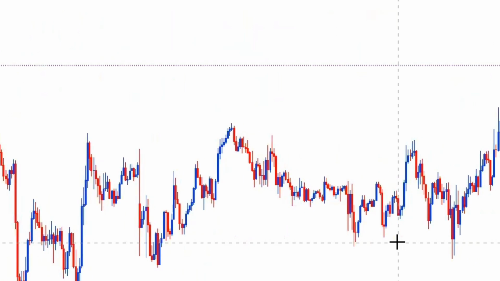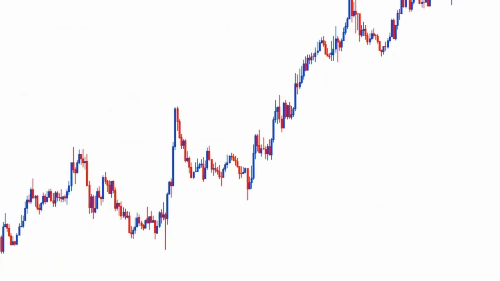Now, looking at this, we have this break of structure. This is a break of structure here. This is a break of structure. Another break of structure.